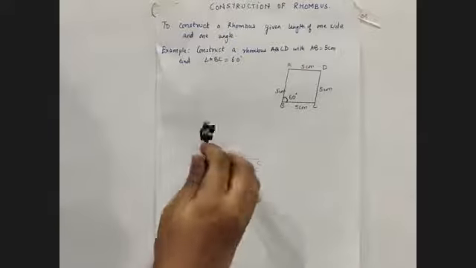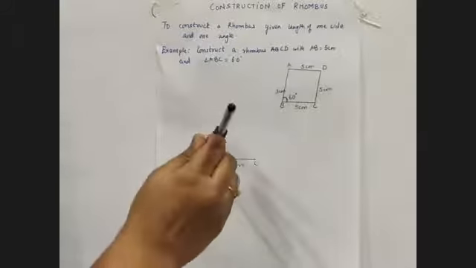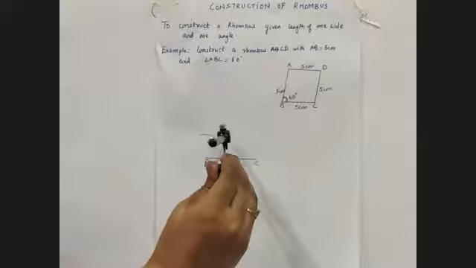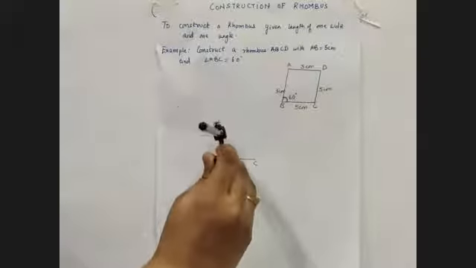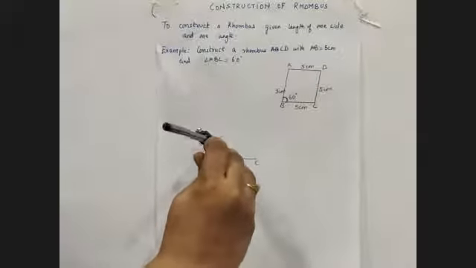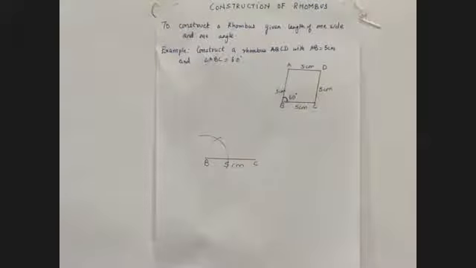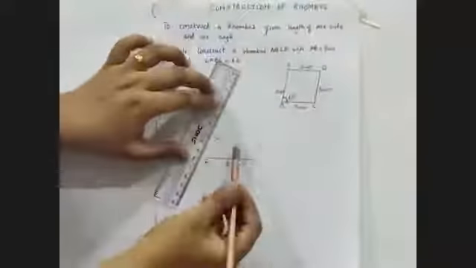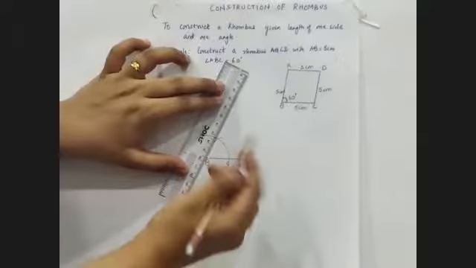We all know how to construct 60 degree, right? Draw an arc of any radius with the same measurement, cut the arc, and this is what we get as 60 degree. Now we will join this.